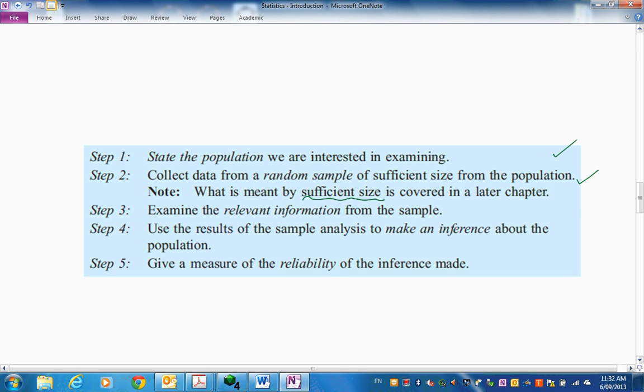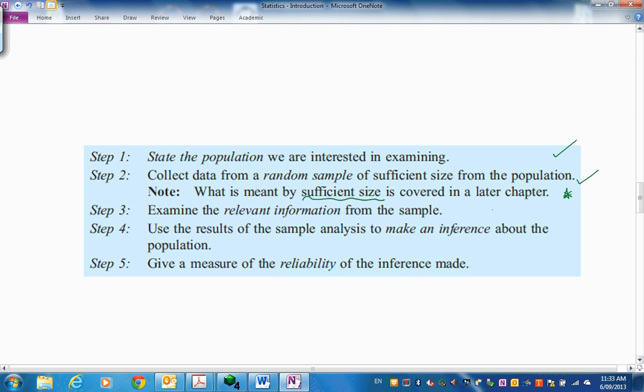Are they all fairly evenly distributed, or are they really dispersed and far-ranging? How many are in the population? This is problematical in statistics. There are many theories for different sorts of problems as to what a sufficient size sample is. We won't be doing that in much detail, but we will be mentioning it later on.